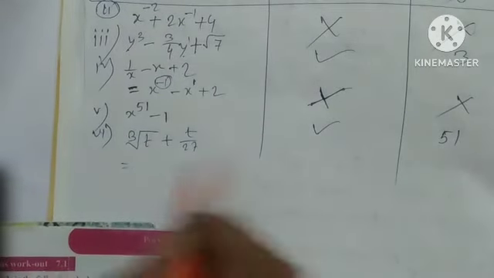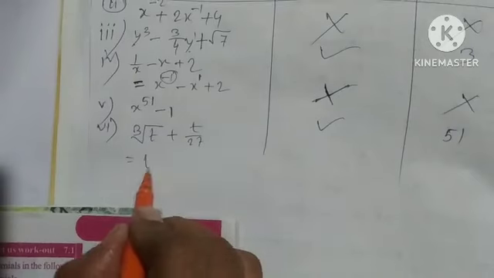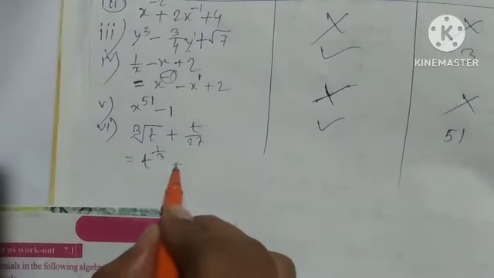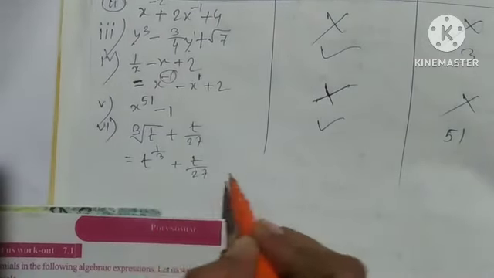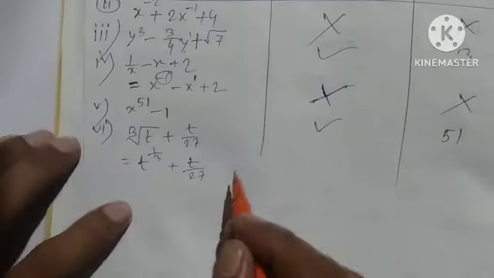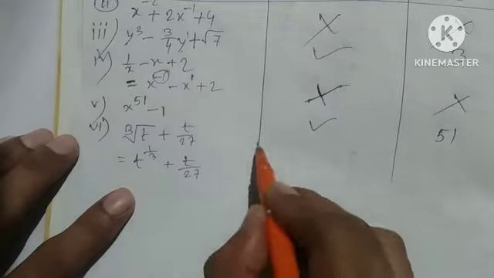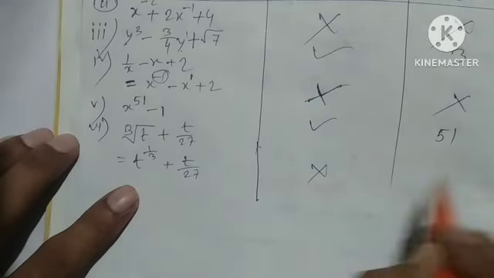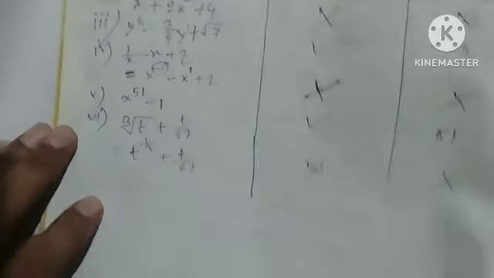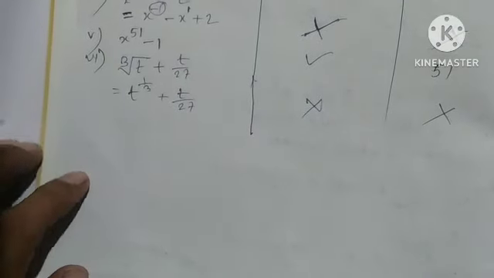So you can simplify it, t to the power 1 by 3 plus t by 27. So the power is 1 by 3. 1 by 3 is not a whole number. Therefore, it is not a polynomial and degree is none.